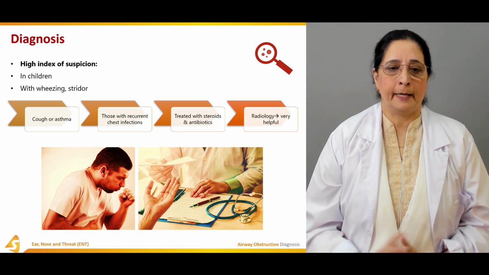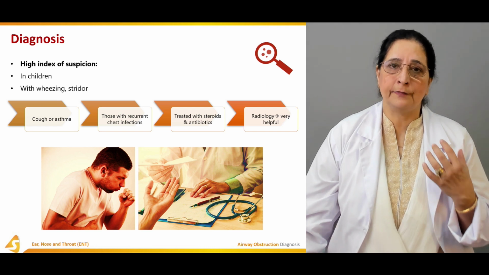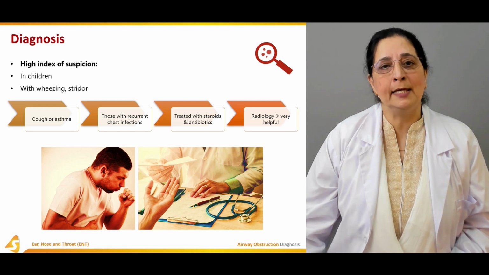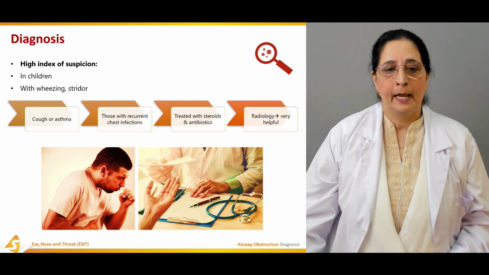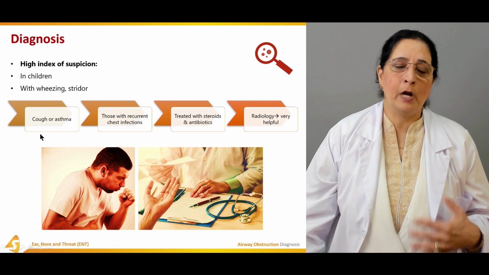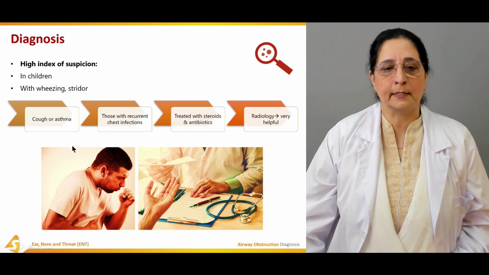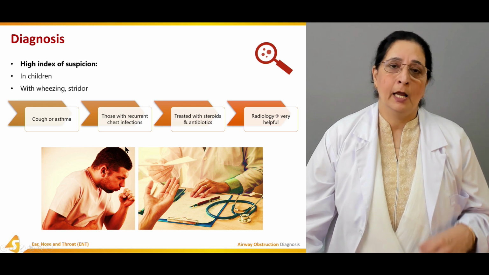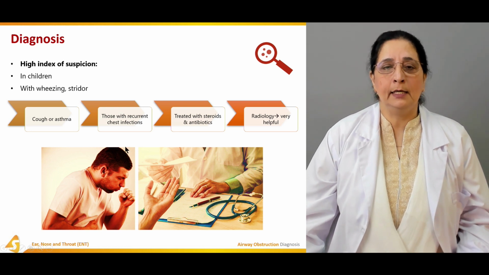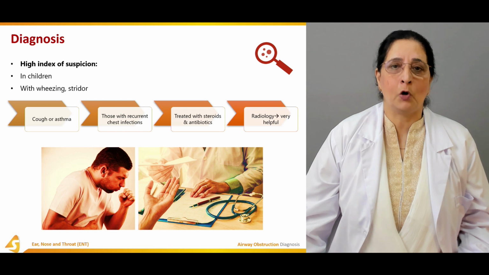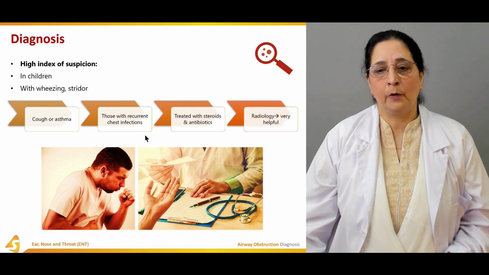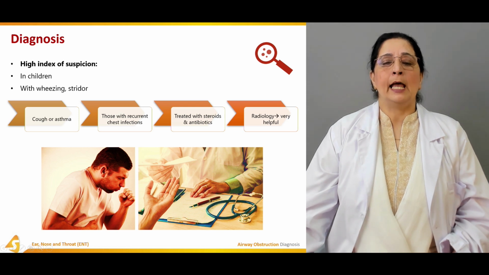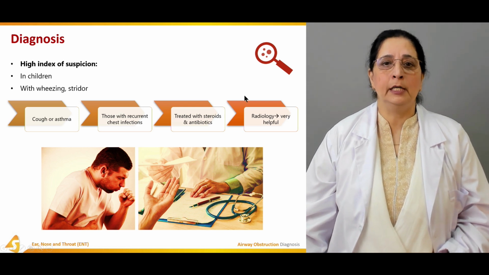So in children, always have a high index of suspicion if they come with wheeze and stridor, and in patients who have cough or asthma, or recurrent chest infection treated with antibiotics and steroids, always look for the foreign body with the help of the x-ray or radiology.